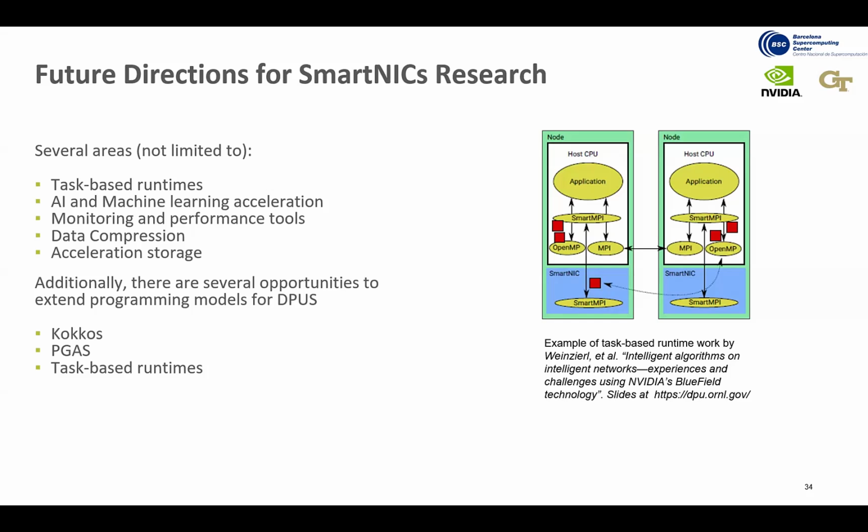The other area where we have seen the SmartNIC used is as a unit for monitoring and performance tools, in the sense of using it as a way of understanding more about the workload in the node and using that information to tune the node and improve parameters, with the idea that this tuning doesn't interrupt anything happening in the compute node.